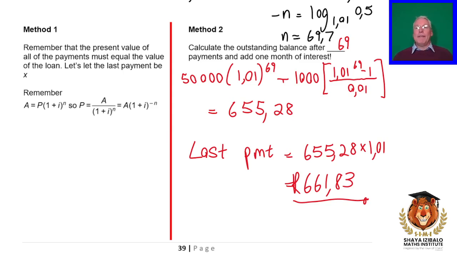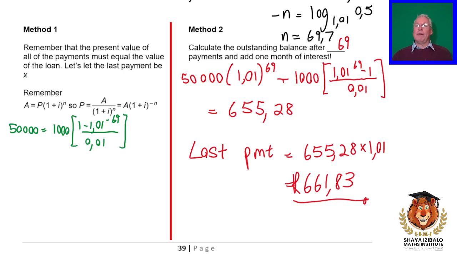Remember that the amount that we can borrow, 50,000, must equal the present value of all the payments. The present value of the 1,000 Rand payments is easily worked out. That's just 1,000 times 1 minus 1.01 to the negative 69 over 0.01.